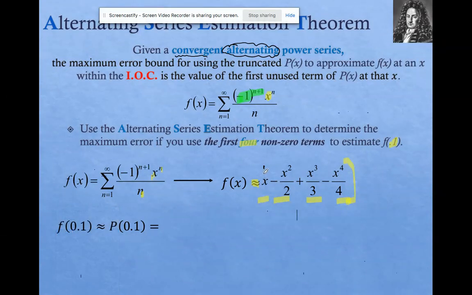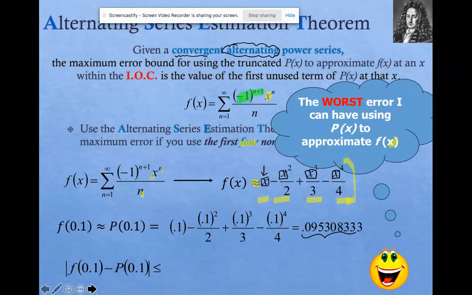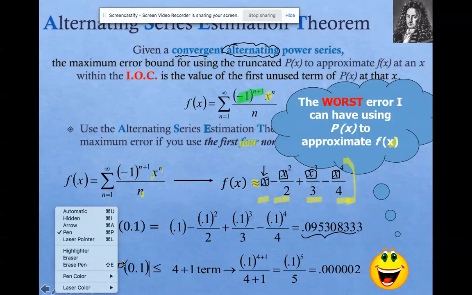So I use my calculator and I put point 1 here, here, here, and here, and that's the number I got. What is the error in this number? Because it is not exactly the function at point 1. The worst error you can have in using the polynomial to approximate is the value of the next term.